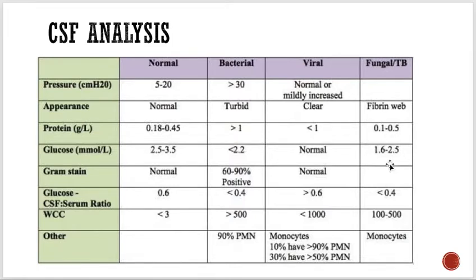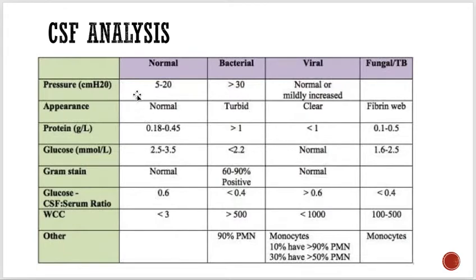When the glucose level is decreased in the CSF, this points towards a bacterial infection or a fungal infection, or a tuberculosis infection. So remember, guys, in the case of bacterial, fungal or tuberculosis infection, the level of glucose in the CSF will be decreased. This is important, but the viruses don't cause any problem with the glucose level of the CSF.